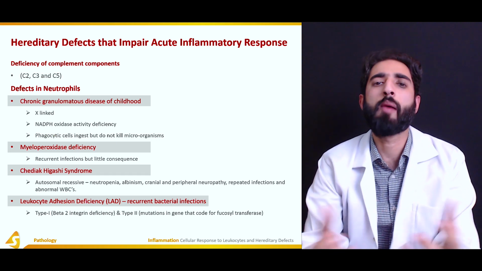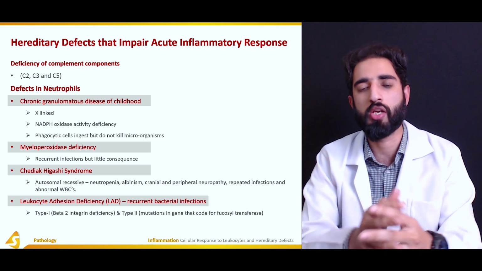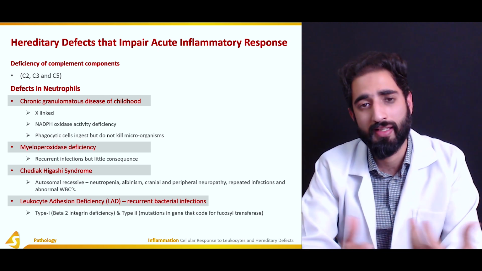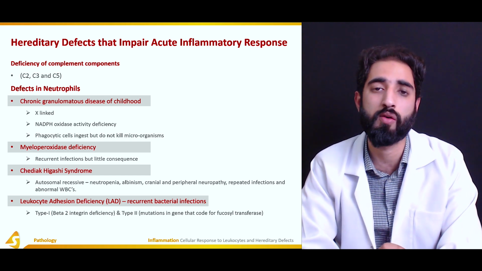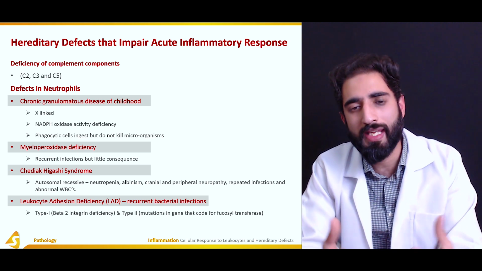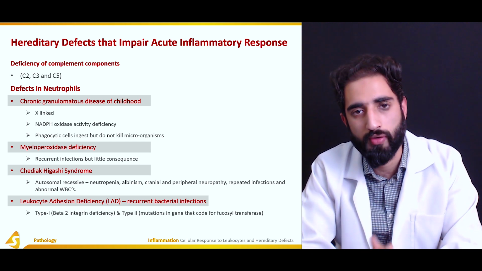Now, there are different types of conditions which can actually impair the process of inflammation. And as we can see in all those previous slides, the process of inflammation is very important for the integrity of a human being. So these hereditary defects are of different types.